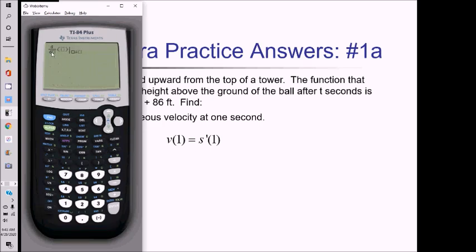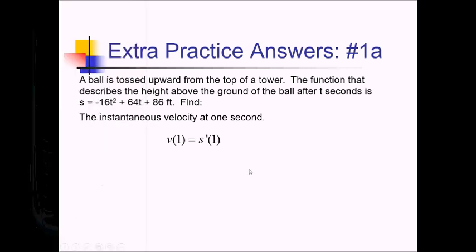I'll do dx, alpha trace y1 because that's where I stored my S function that I'm taking the derivative of. And I want to evaluate this at x equals 1, or t equals 1 in this case. Comes out to 32. And since this is velocity, and we have distance units of feet and time units of seconds, this would be in feet per second.